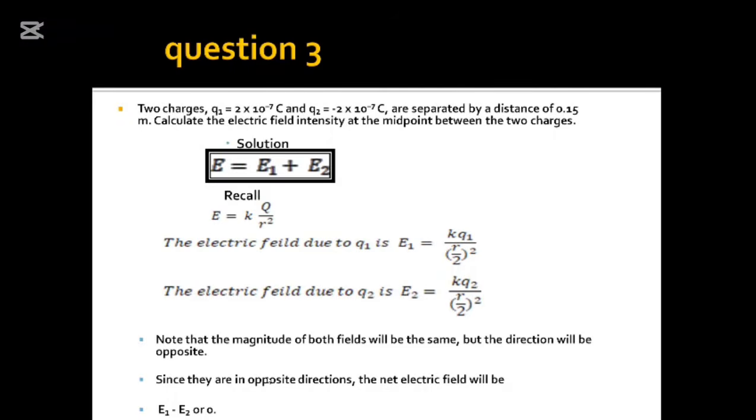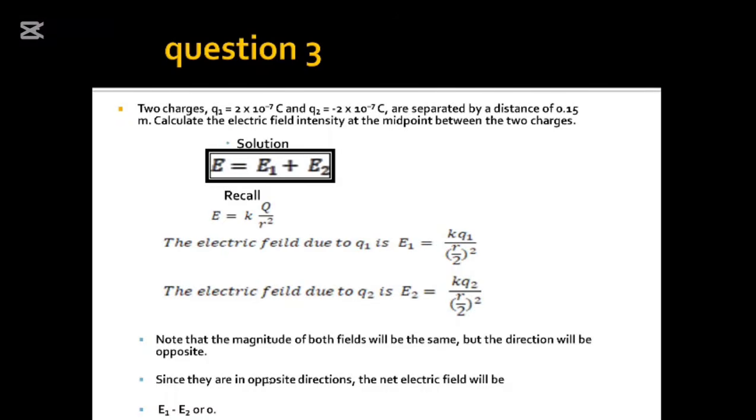That is why we'll say that E is equal to E1 plus E2. Now recall, E is equal to KQ over R squared. That's the formula we derived. So first, let's get the electric field intensity due to Q1. It is given as E1 equal to KQ1 all over R over 2 all squared.